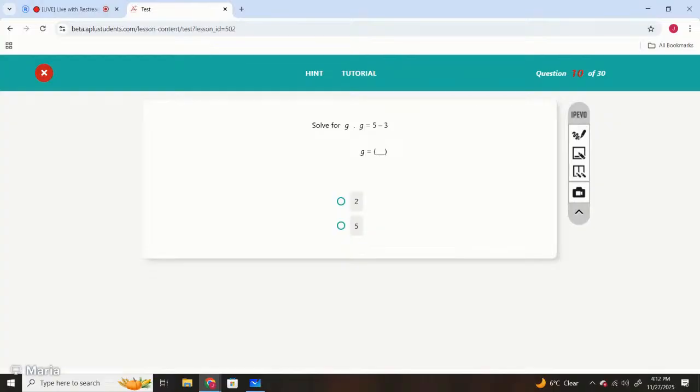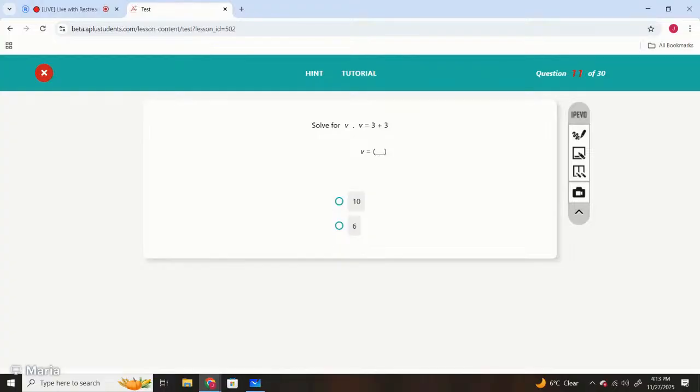Solve for G. G equals 5 minus 3. 5 take away 3 is 2. So option number 1 is the correct option. That is 2. Solve for V. V equals 3 plus 3.